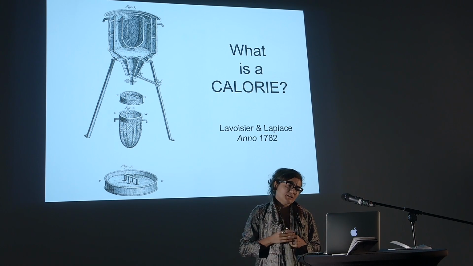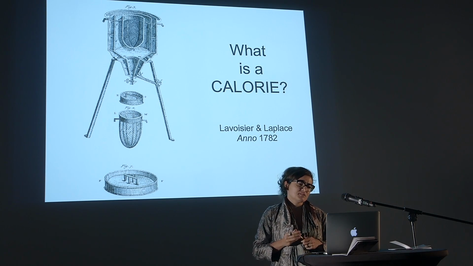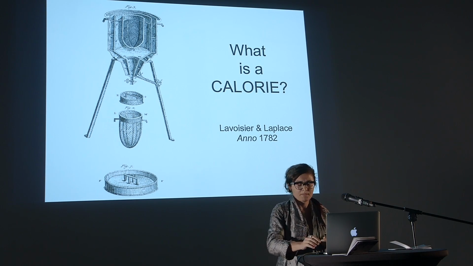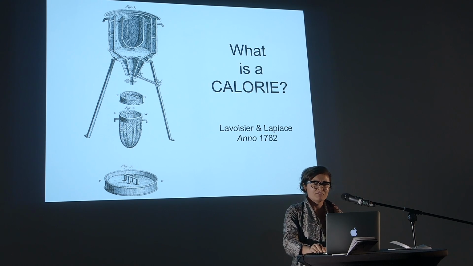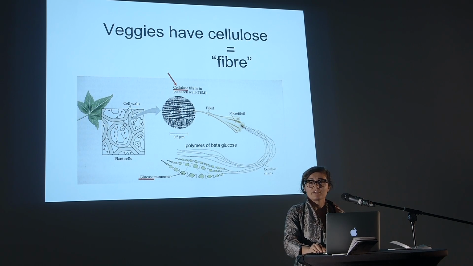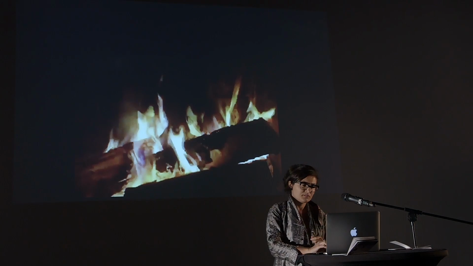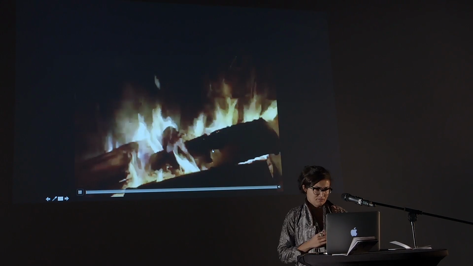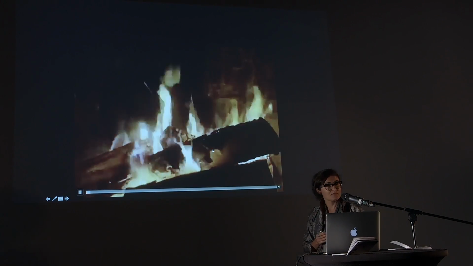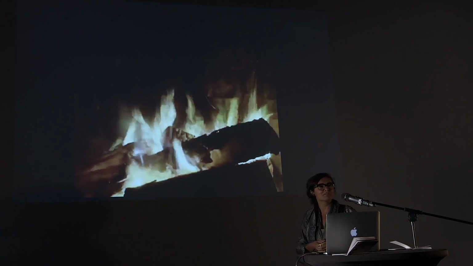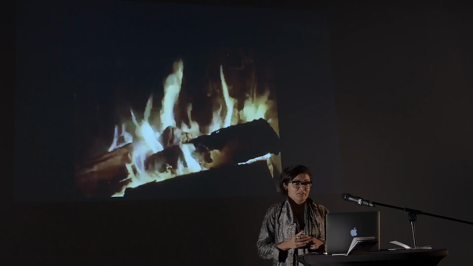We all know, and this is what nutritionists tell us, and there's a lot of nutritionists out there, that fibers do not have any calories, right? That's why you have to eat all veggies. Veggies have fiber. And actually, this is fiber. Fiber must have a lot of calories, right?